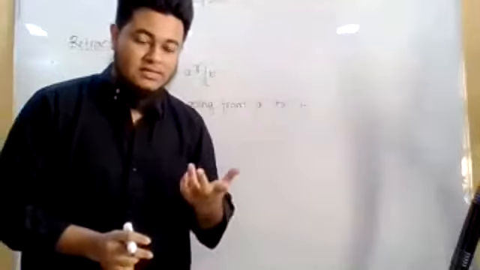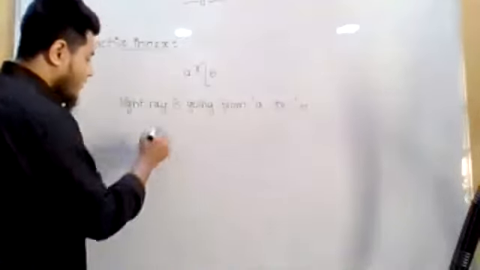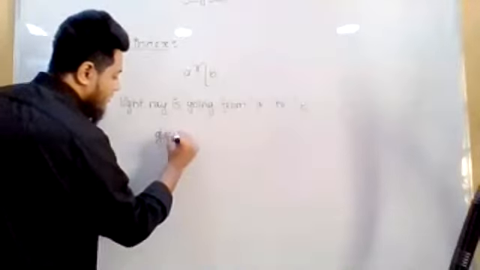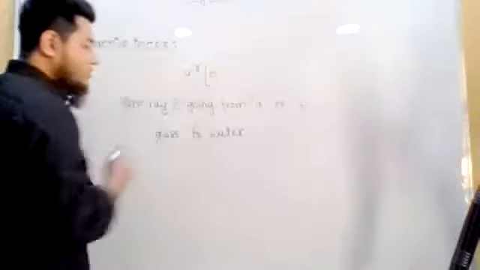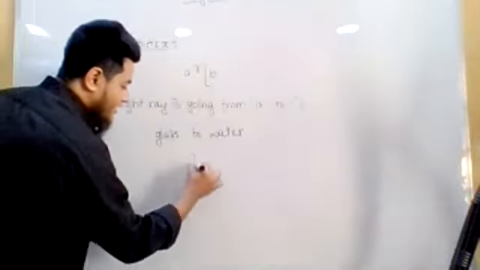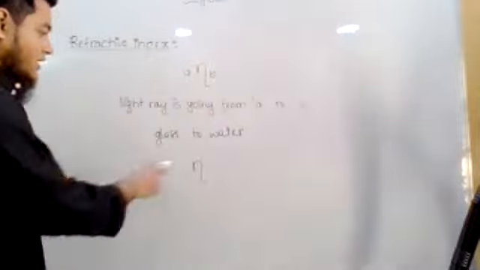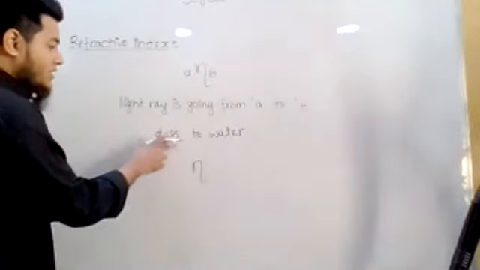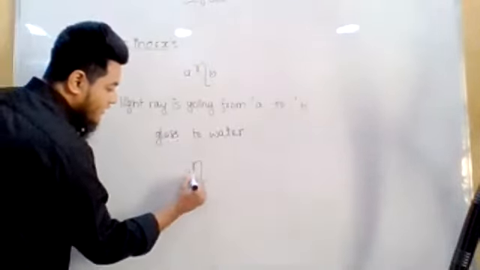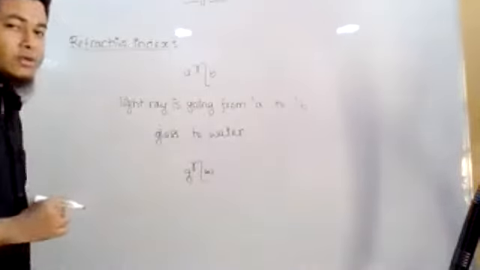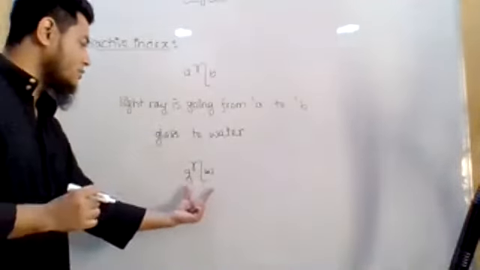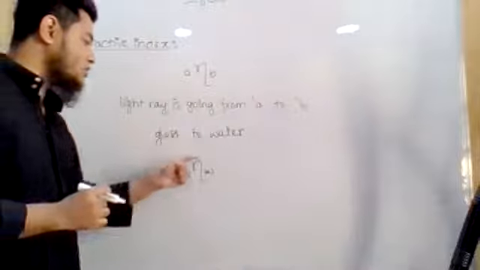Now let us say the light ray is going from glass to water. From glass to water. And at first what will we write? We will write eta, the refractive index. From where is it coming? Glass. So we will write G first, and it is going to water, so we will write W later. This tells you that the light ray is passing from glass to water.